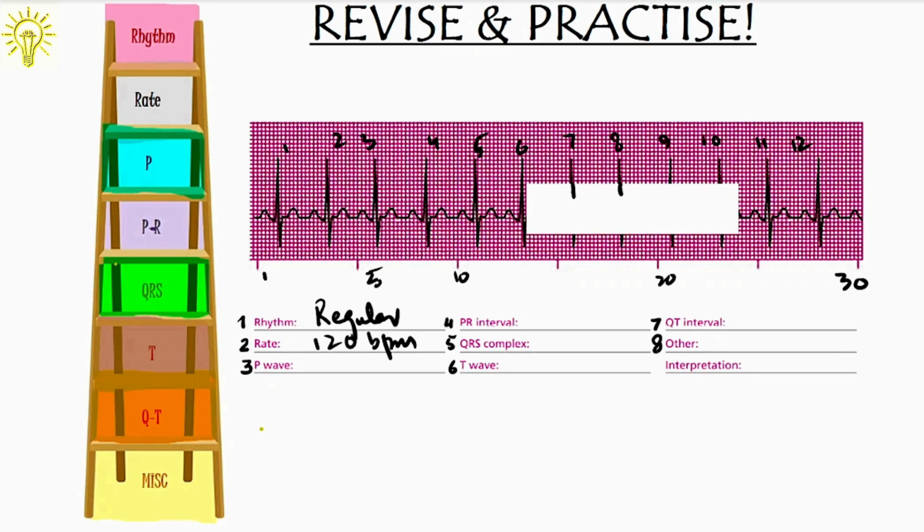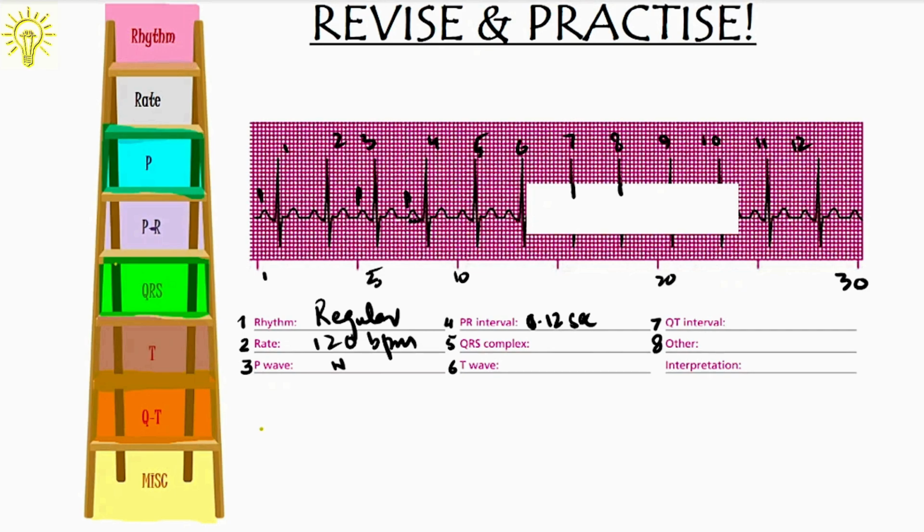I can see the P waves. The P waves are normal in shape and every P wave is followed by a QRS, meaning sinus rhythm. So the P wave is normal. The PR interval from the start of P to the start of Q is around 0.12 seconds, which is normal.